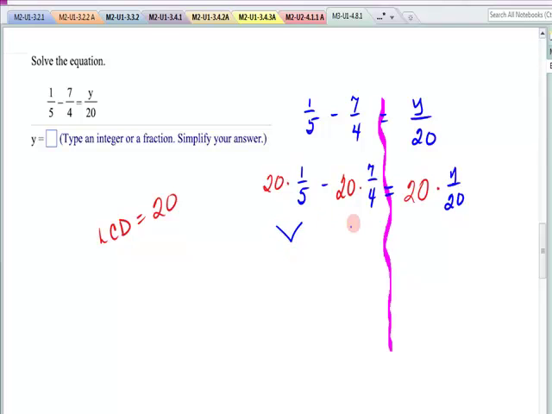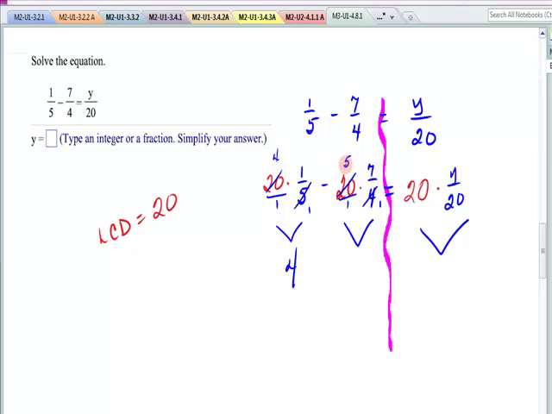So I need to look at this product, and this product. All right, the first one, you're multiplying by a fraction, so you put it over 1. 5 goes in there once, 5 goes in there 4 times. You have 4 times 1, which is 4. Next, put the 20 over 1. 4 goes in there once, 4 goes in there 5 times.